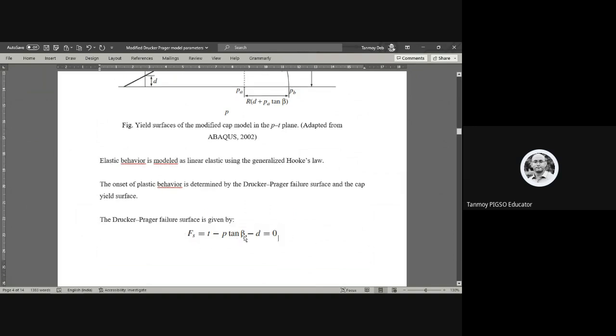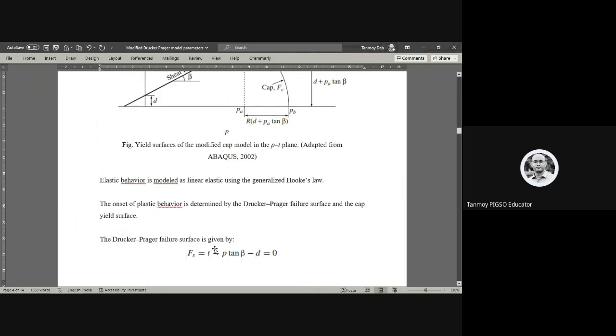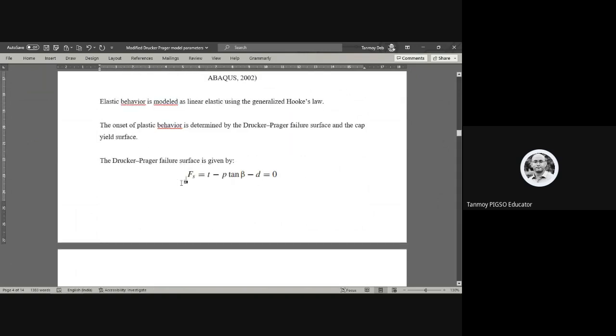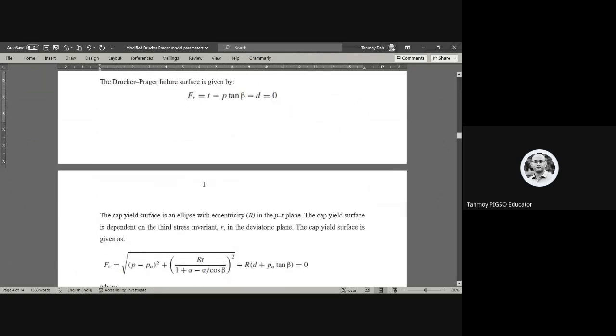So if I have to define it, the failure surface of Drucker-Prager, or the yield surface, is defined by F is equal to t minus p tan beta minus d. So t is nothing but what we see in the PT space plot, so that is t. And here we'll see the remaining things.